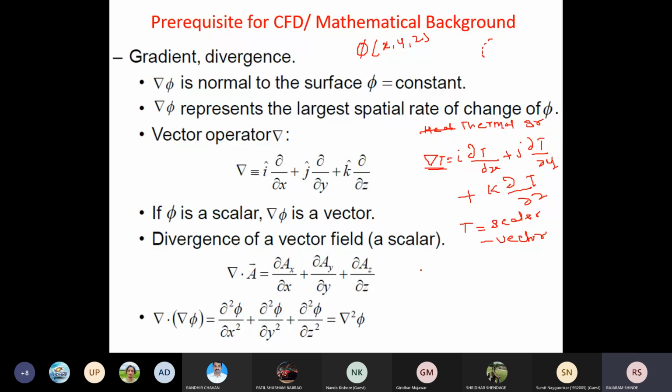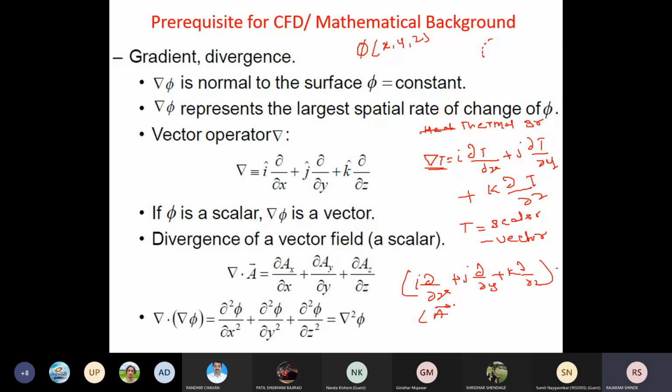If I write this equation, now your divergence is what? Divergence is i dou by dou x plus j dou by dou y plus k dou by dou z, dot vector.